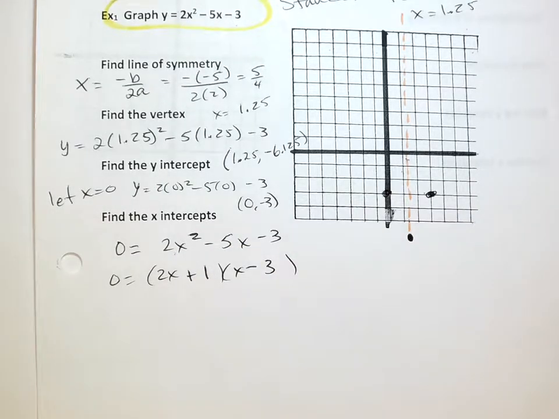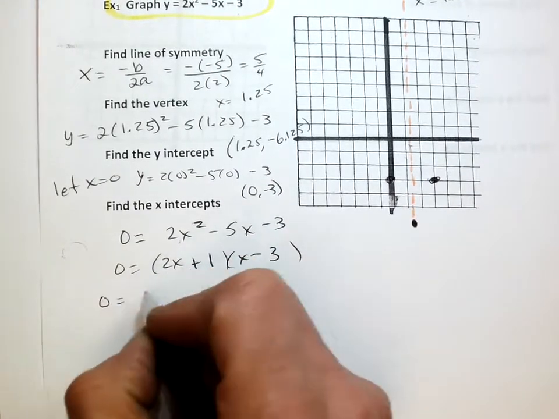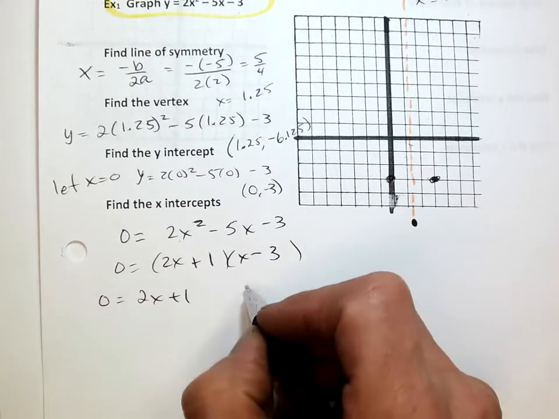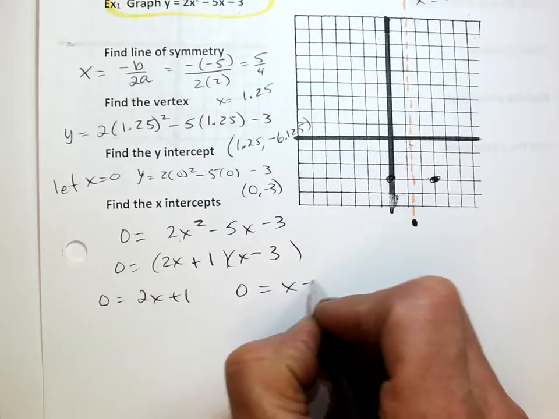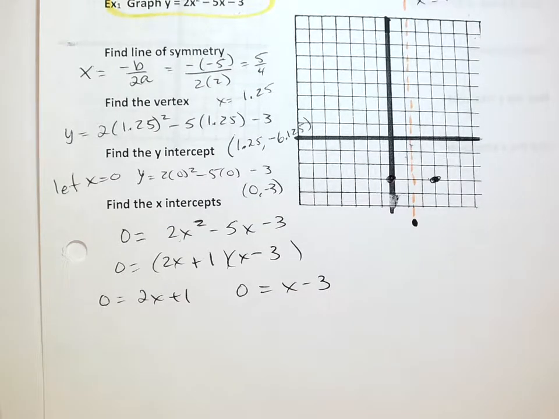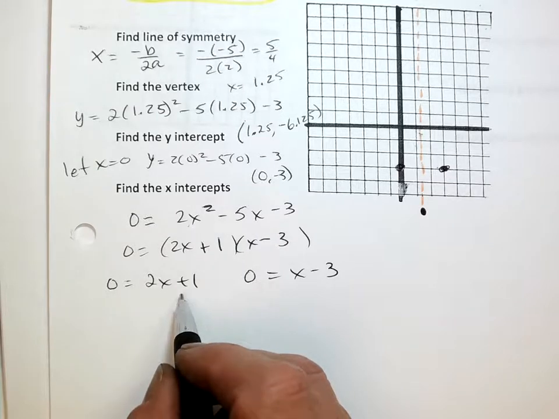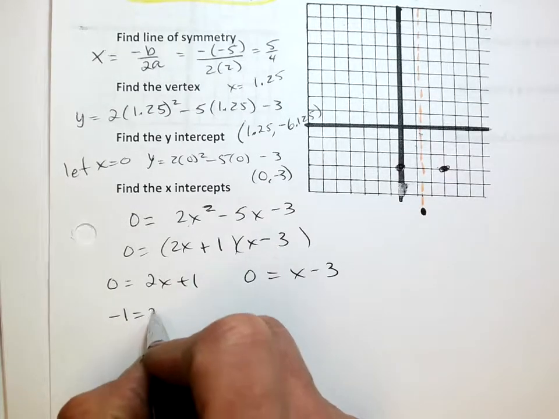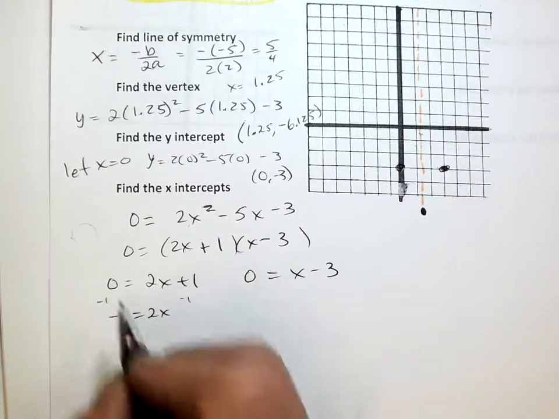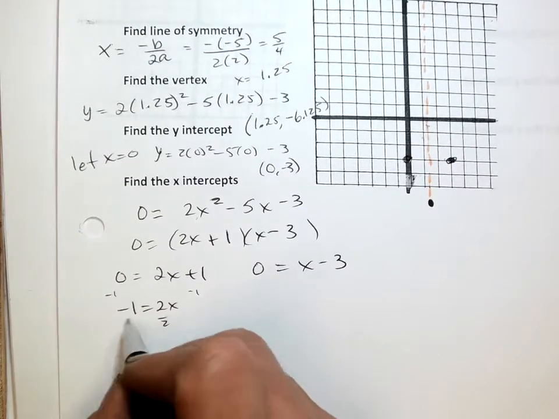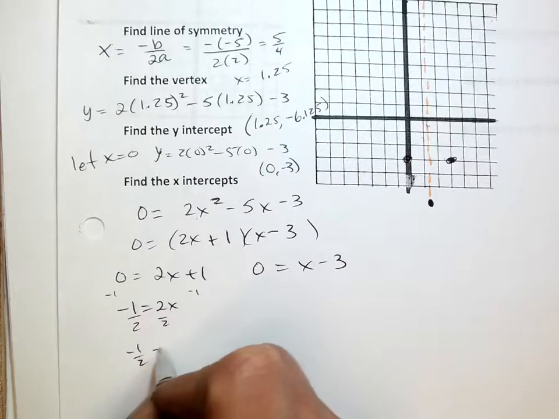So I've got it factored, but I actually need the answers. So I've got my mini equations. I'll take my first mini equation, 0 equals 2x plus 1, because I need one of my x-intercepts. And I'll take 0 equals x minus 3 to get my other x-intercept. To solve, I'll subtract 1 and divide by 2, and one of my x-intercepts is at negative 1/2.